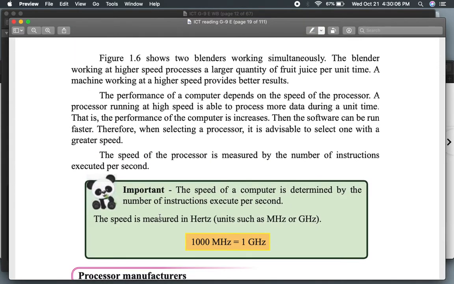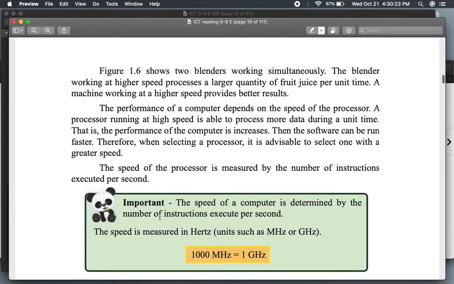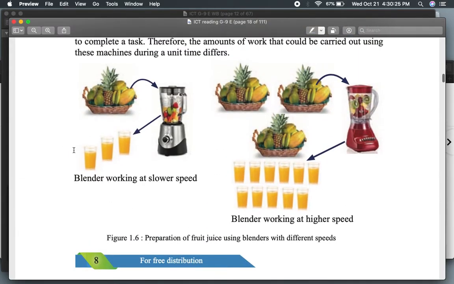So on the next page it says figure 1.6 shows 2 blenders working simultaneously. The blender working at higher speed processes a large quantity of fruit juice per unit time. A machine working at a higher speed provides better results. So basically these two are giving this output taking the same amount of time.